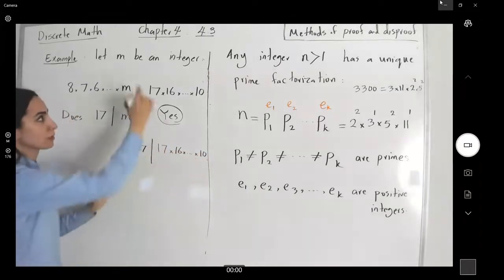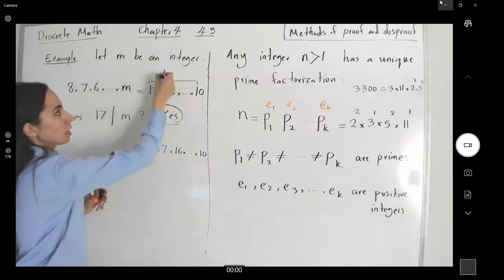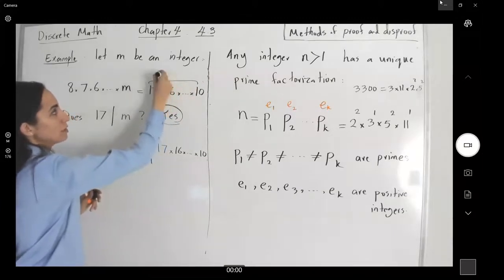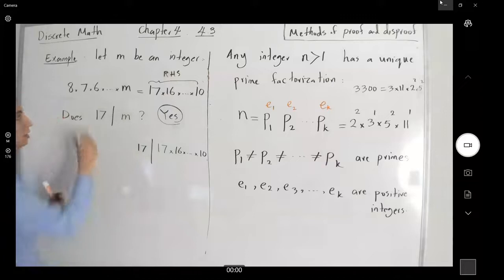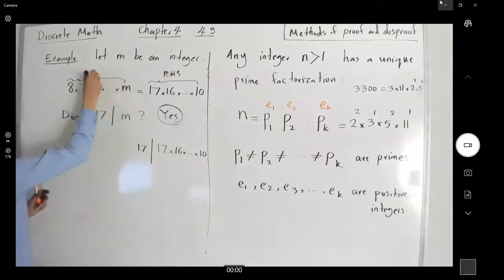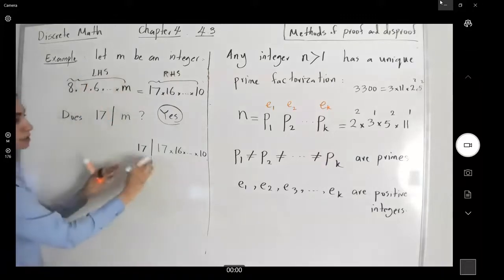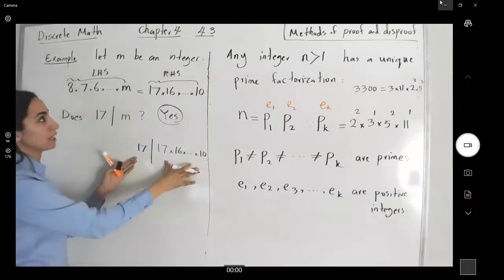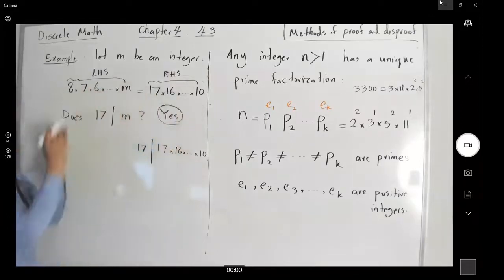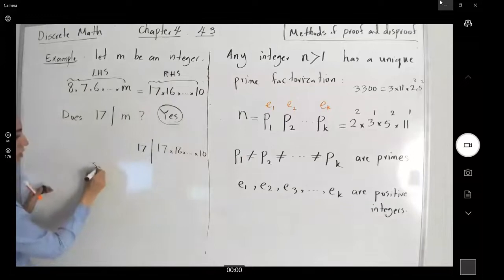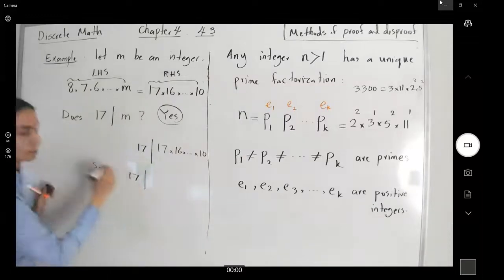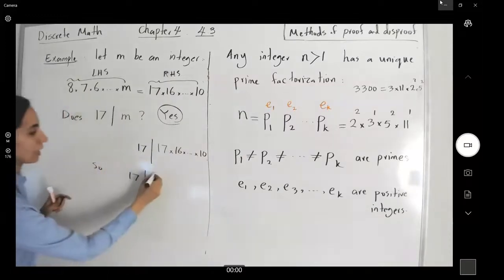This is your right-hand side, and this is your left-hand side. 17 divides the right-hand side, and the right-hand side and left-hand side are equal to each other. So 17 must divide the left-hand side.